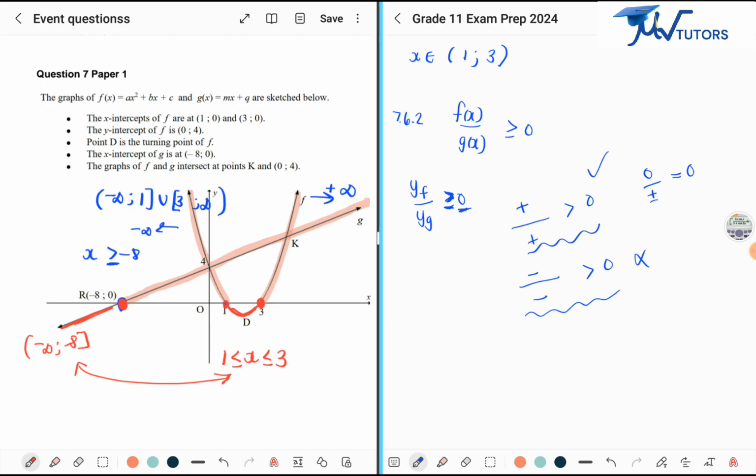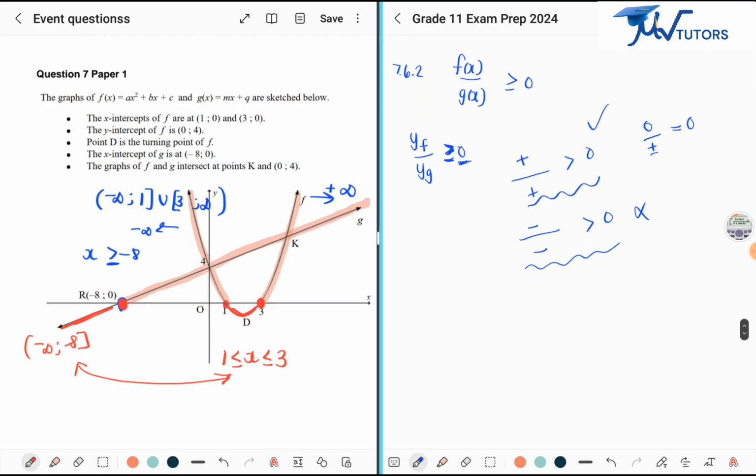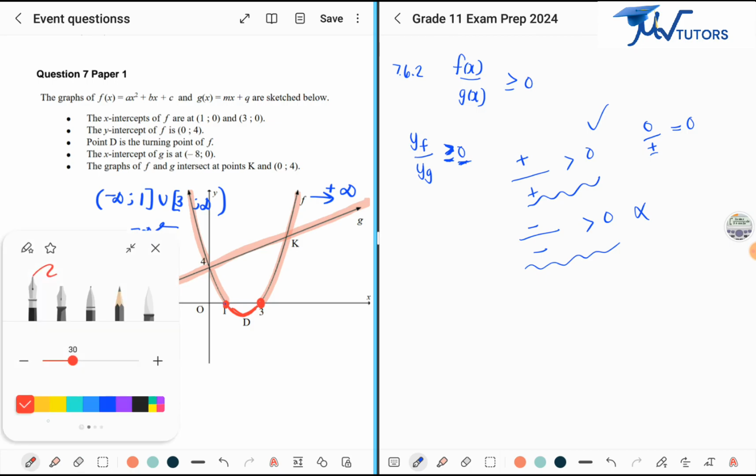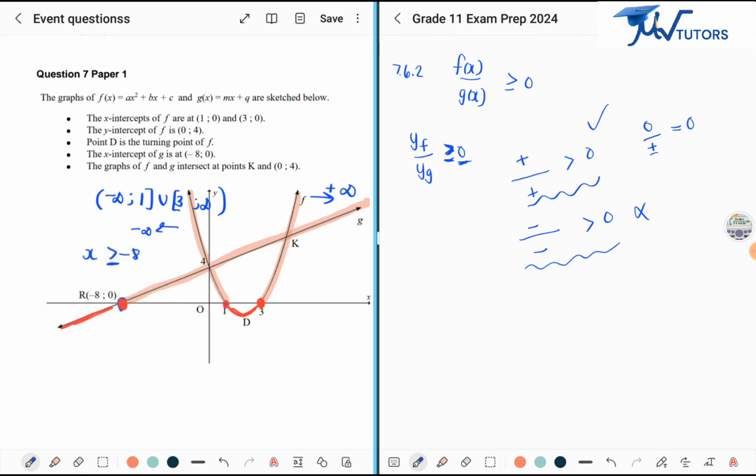Where f of x divided by g of x is bigger than or equal to 0. So I need to condense all of this, because we looked at f and g separately. Now let's look at f and g together. From negative 8, negative infinity is not applicable. So where x is from negative 8, this is our answer now.